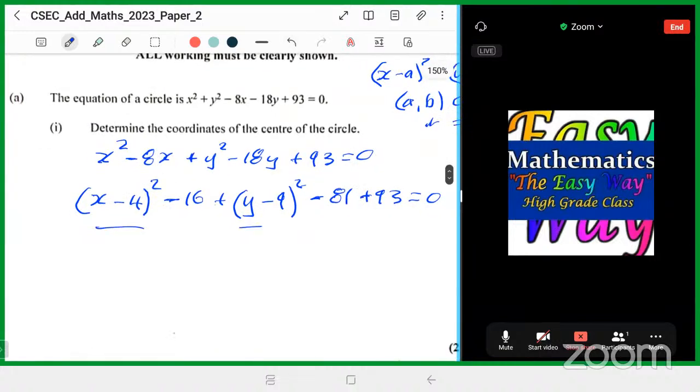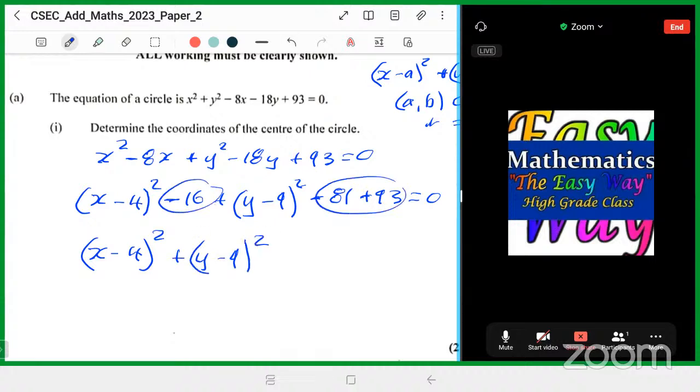So I'm going to put these together now, and I'm going to get (x minus 4) squared and (y minus 9) squared. Consolidate these numbers now. Let's get the calculator and do that quickly.